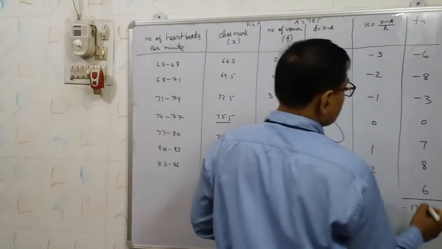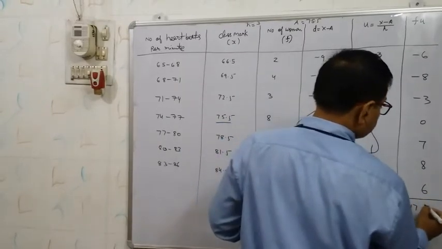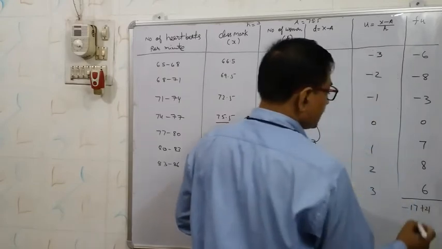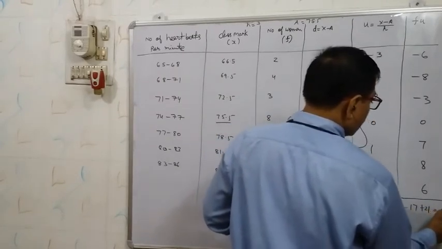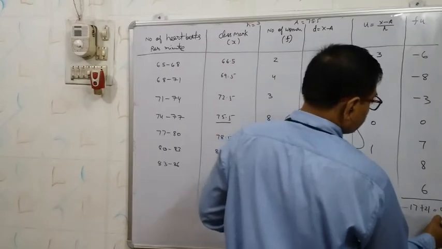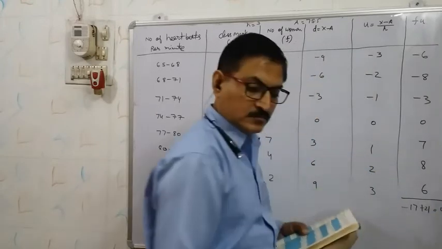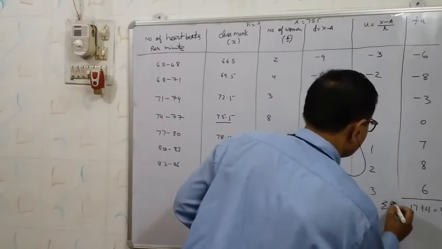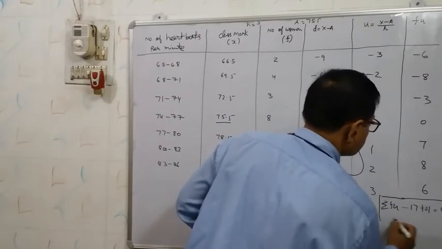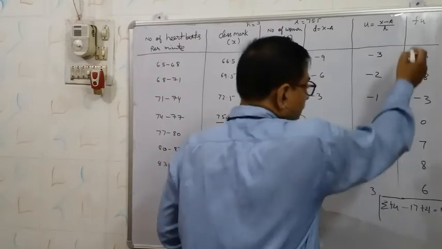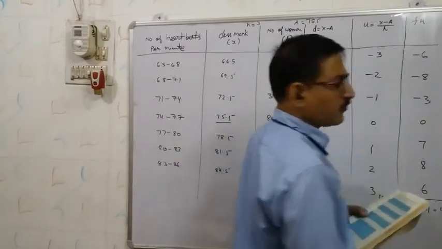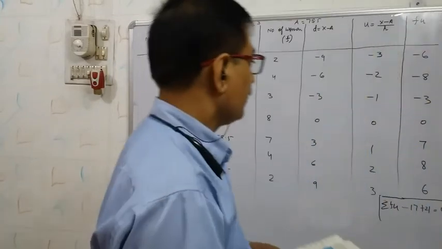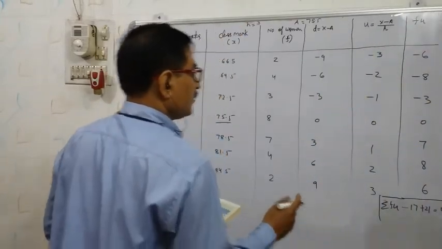The positive addition is 7, 8 and 6, that is 21. So plus 21. The positive is greater, so the sum comes to 4. This is sigma fu. Sigma means the sum of this column, which is 4.